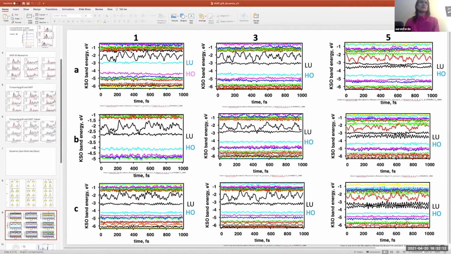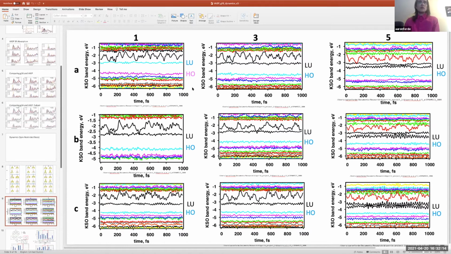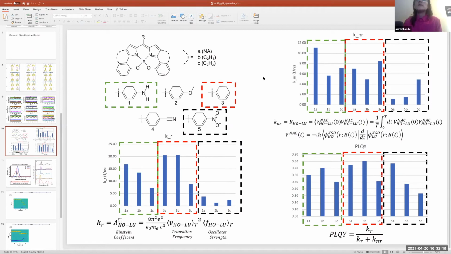On the top left is just a diagram reminding us what all the numbers and letters mean. The top right panel are the non-radiative relaxation rates for the HOMO-LUMO transition, and the colored boxes correspond to the boxes on the left with the structures.